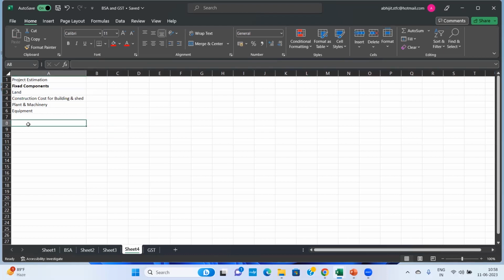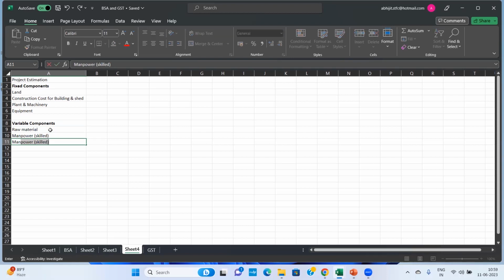Coming to the variable components. One is raw material, second is manpower. Now in manpower, there is skilled, which means technical. Technical could be functional technical or technical technical. Functional technical means accounts, human resource, etc. And technical technical means the engineers and all.